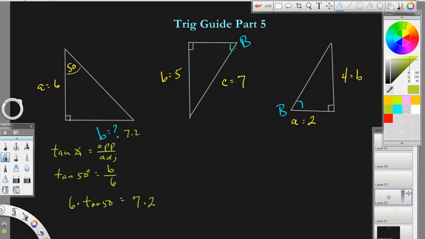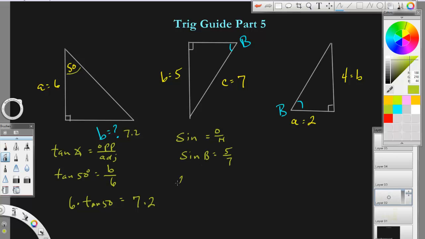To find angle B, you identify the two given sides. So I'm going to speed this up a little bit. So this is opposite and hypotenuse, that's the sine. So the sine is opposite over hypotenuse. So the sine of B is going to be 5 over 7.